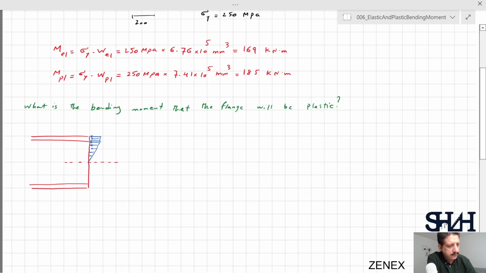This is another way of a sketch. So the concept is the same, but you can sketch it differently. Sigma y, sigma y, sigma y, sigma y.